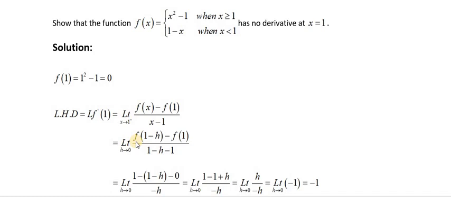So f of 1 minus h minus f of 1 as it is. X is replaced as 1 minus h, 1 minus h minus 1 as it is. So while calculating LHD we are using less than 1, that is f of x is 1 minus x.